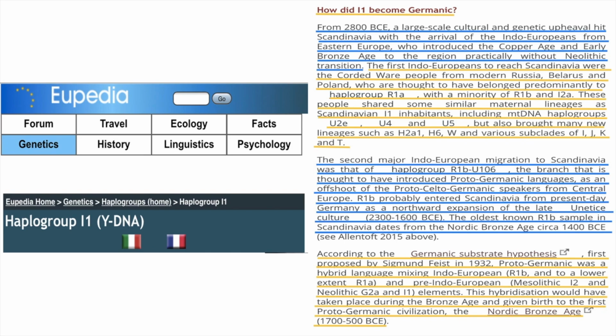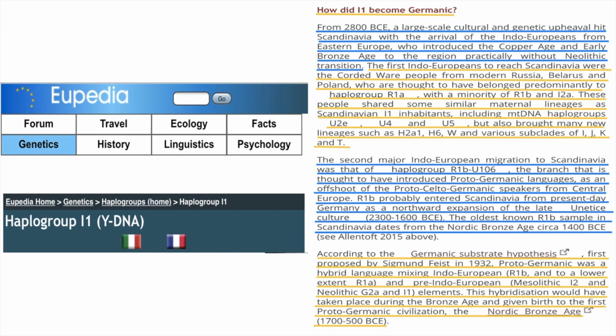R1b probably entered Scandinavia from present-day Germany as a northward expansion of the late Unetice culture, which was 2300 through 1600 BCE. The oldest known R1b sample in Scandinavia dates from the Nordic Bronze Age, circa 1400 BCE.